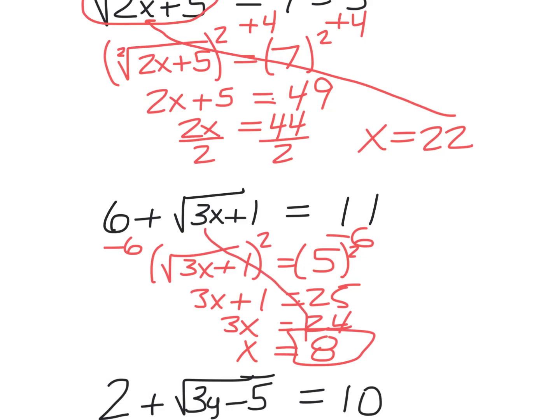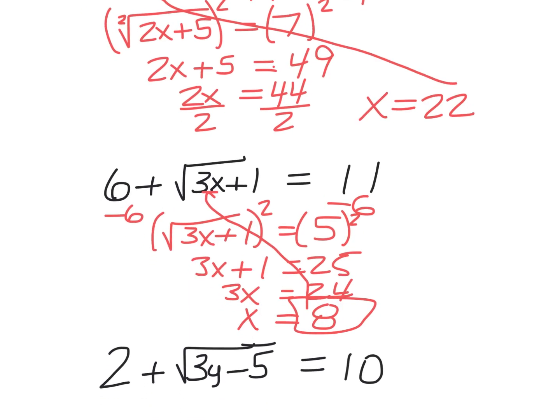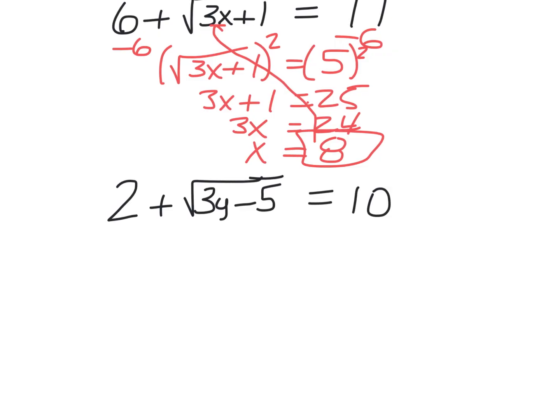Plugging the 8 in right there. 3 times 8 is 24, plus 1 is 25. Square root of 25 is 5, and 6 plus 5 is 11. So that works.